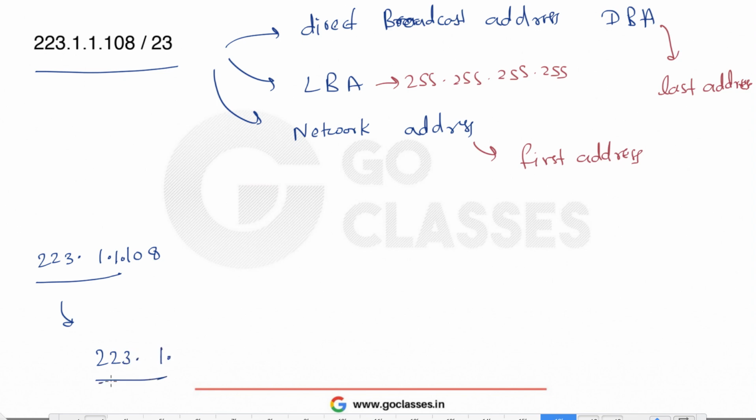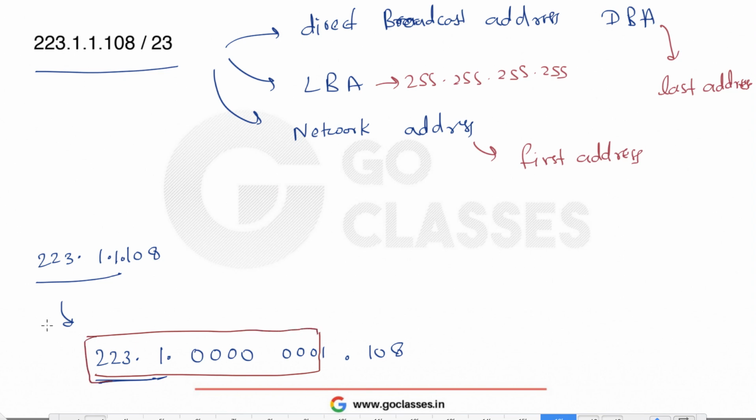So let's say this is decimal. Now I'm representing only the third octet in binary. This is the binary representation of the third decimal number, right? Now they are saying that 23 bits are fixed, so these bits are fixed. You cannot change them.